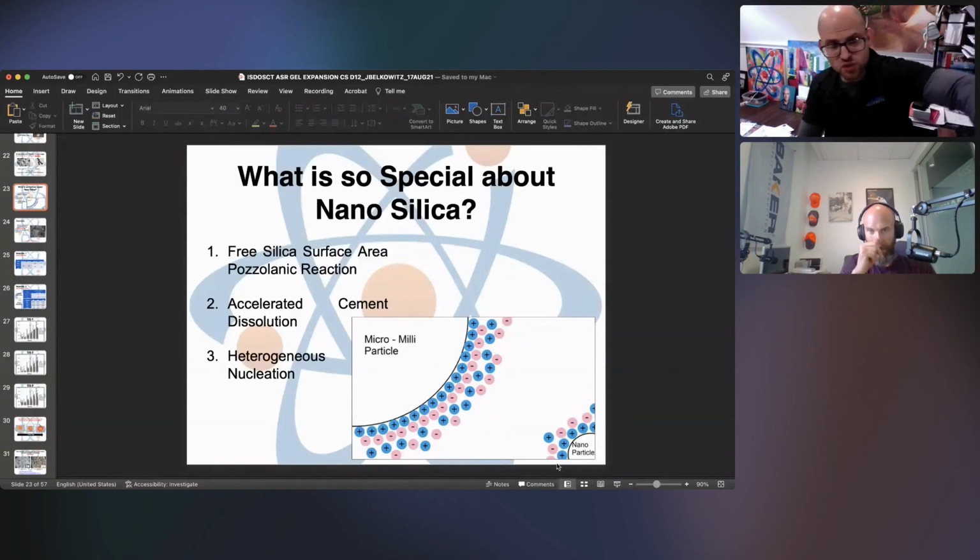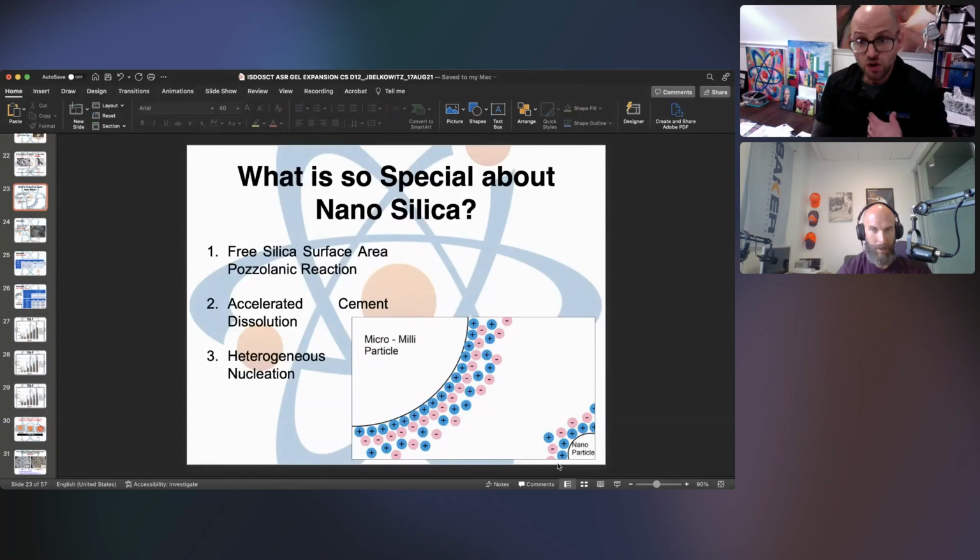See here on the left, it shows a micron-sized particle. In solution, it has this really big force field. A nanoparticle just can't have that size force field on it because it's so much smaller. It has a higher specific surface area.